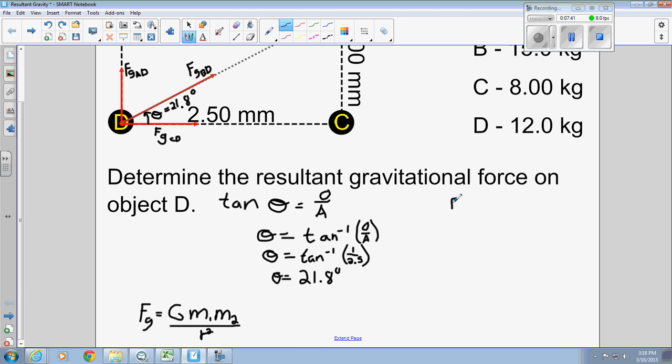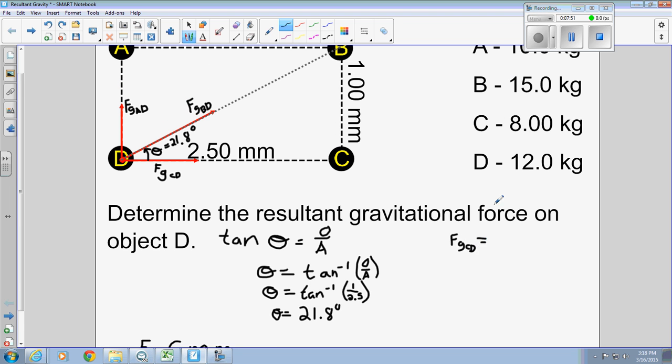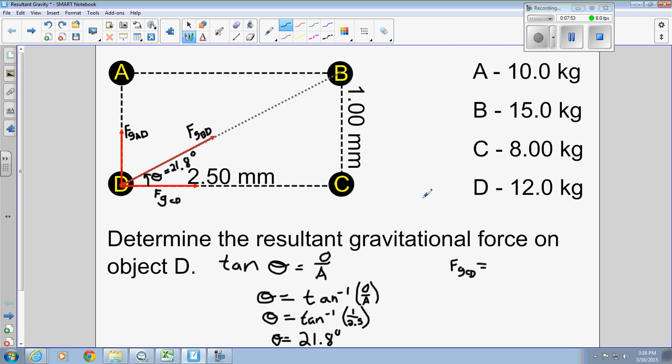We're going to have the force of gravity for C acting on D is going to be G mass of C mass of D all over the radius between C and D squared.